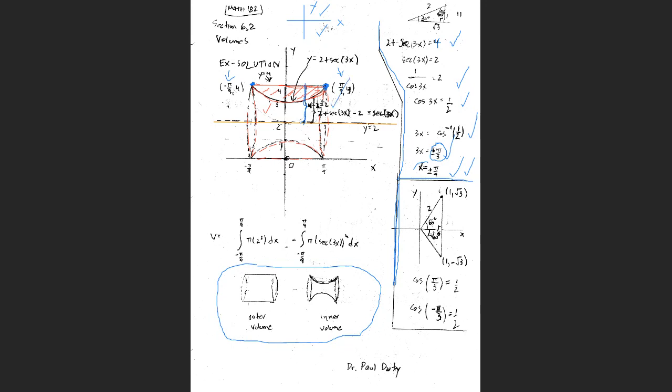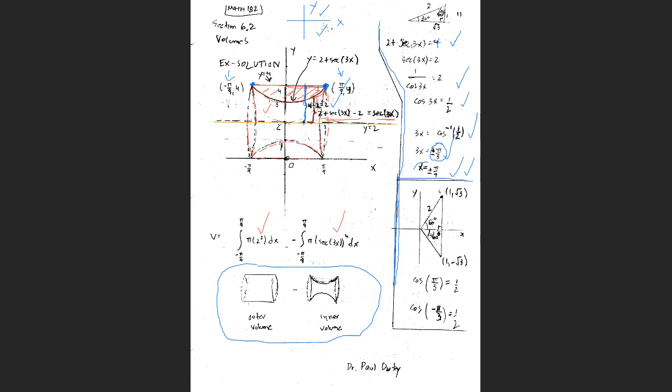And then the inner radius goes from the axis of rotation, y equals 2, to the inner function, which is y equals 2 plus secant of 3x. If I take 2 plus secant of 3x and subtract 2, that gets me secant of 3x. And so now I have my outer radius and inner radius.